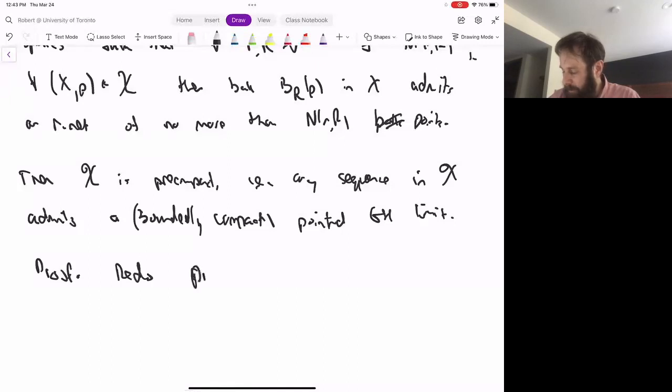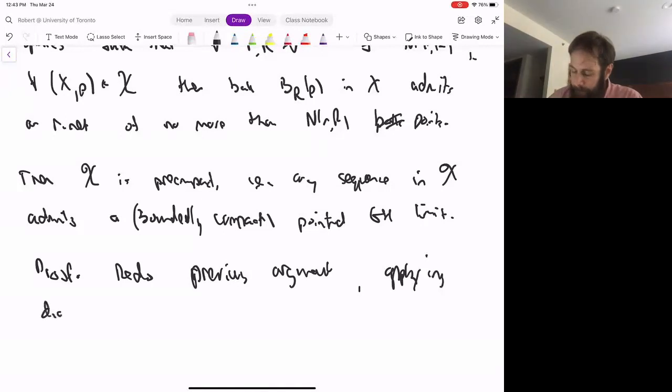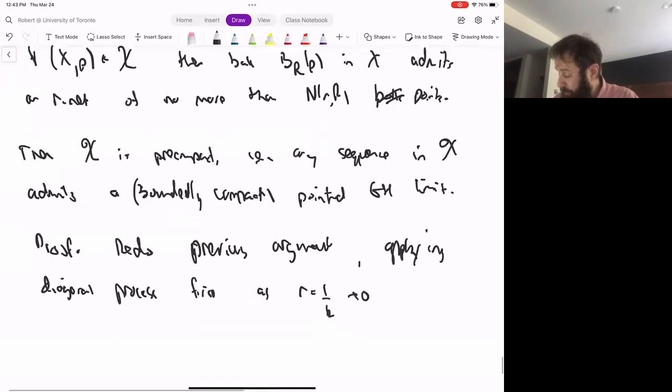Redo the previous argument, applying a diagonal process. First as r equals 1 over k goes to 0, and then as capital R equals j goes to infinity.